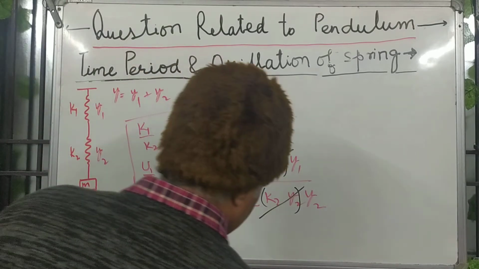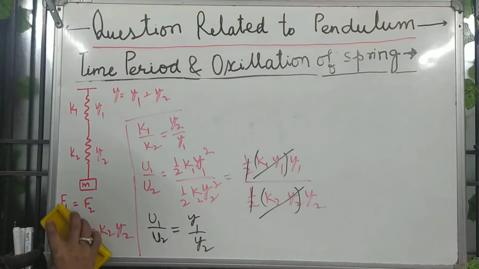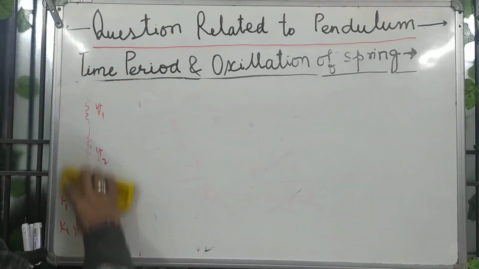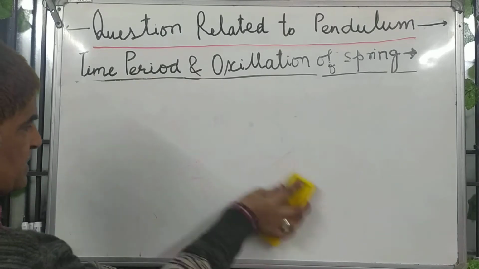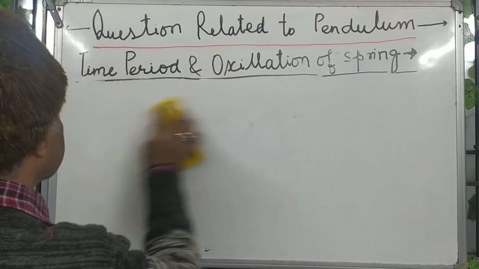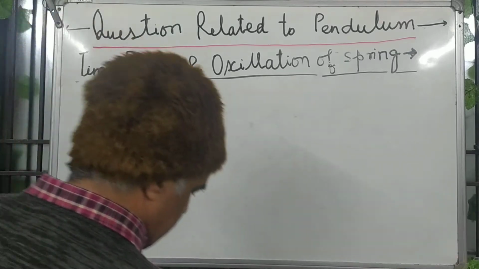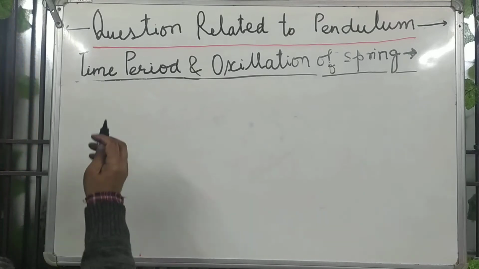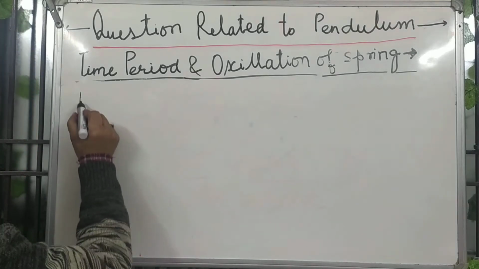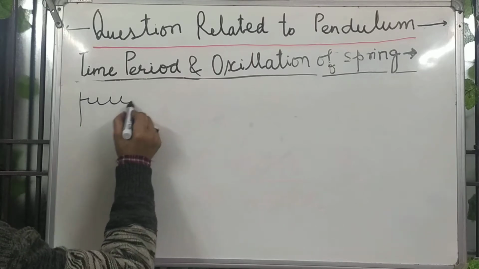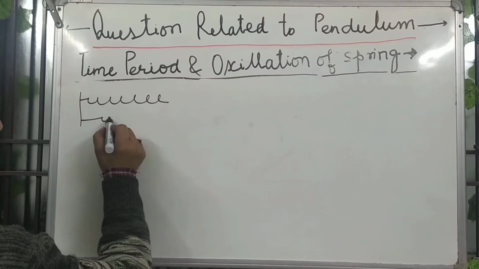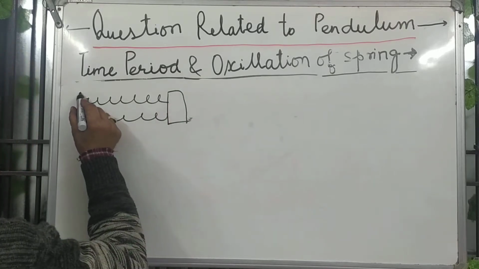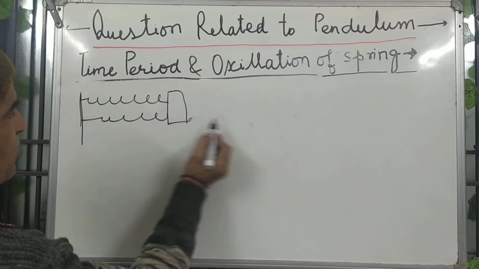And next we are going to study parallel combination, some questions related to parallel combination. In this case, this is a spring and this is another spring, and this is the mass m body, and it is oscillating.